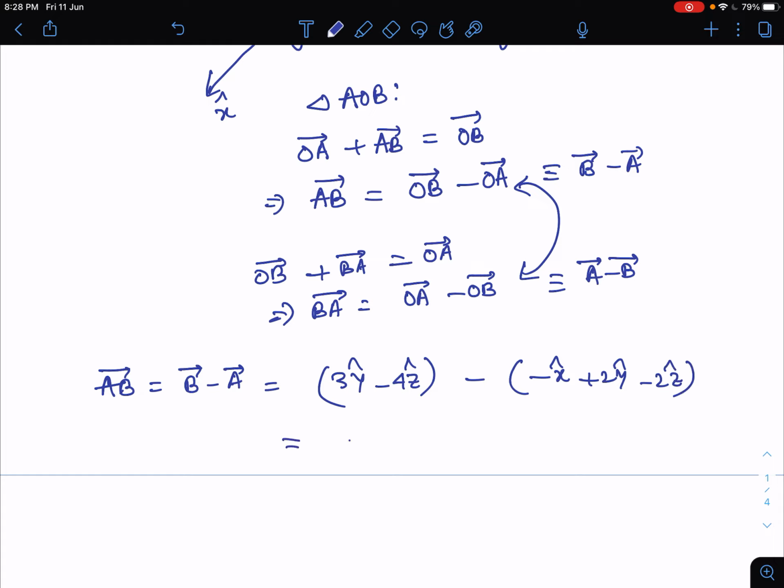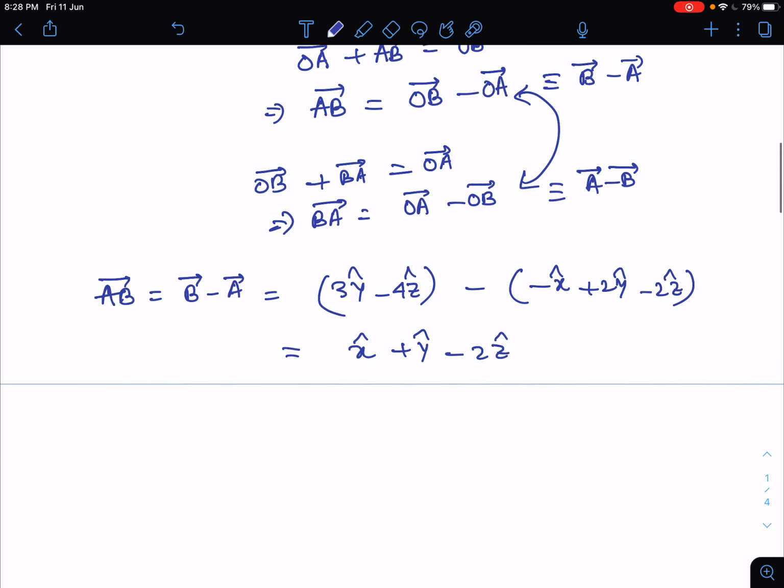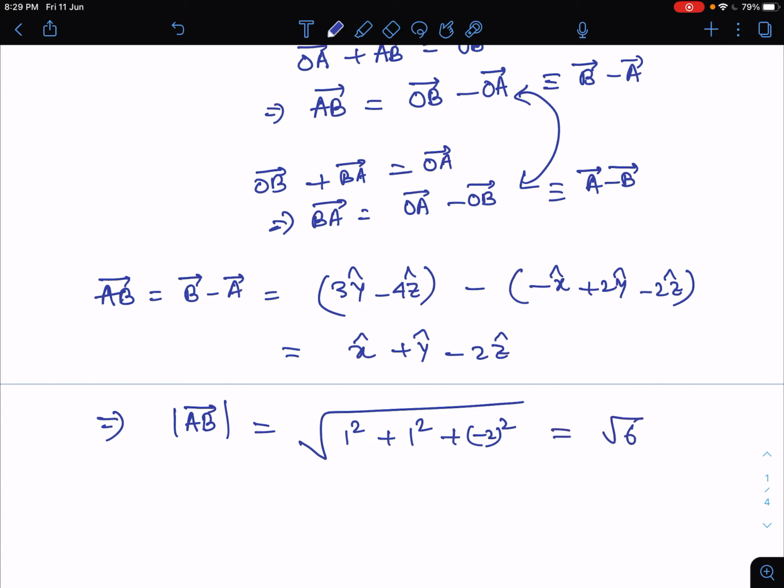So this is nothing but x plus y minus 2z. So what is the length of AB? You take the x component squared, the y component squared, and the z component squared, and that gives root 6 units.